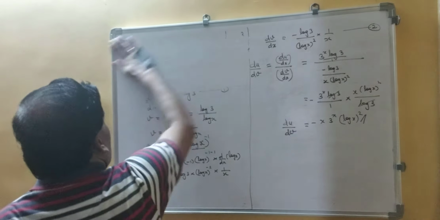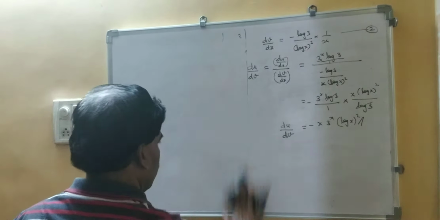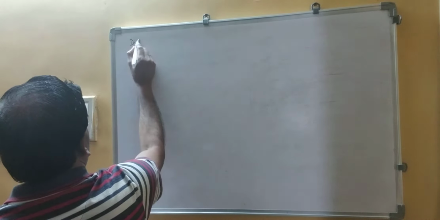Okay. Now last sum we will do. Differentiate cos inverse of 1 minus x square upon 1 plus x square with respect to tan inverse x.